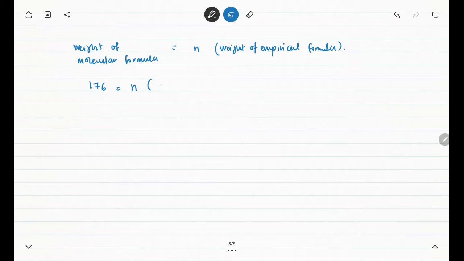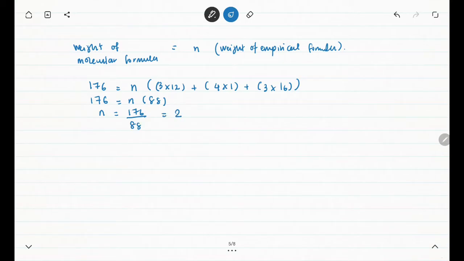You need to calculate 3 times 12 plus 4 times 1 plus 3 times 16, so you will get n times 88. So the value of n is 176 divided by 88 equals 2. Right now you know the integer n is equal to 2.